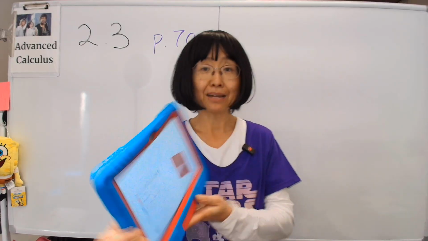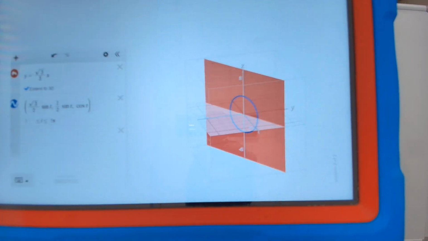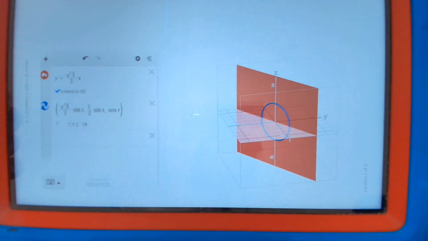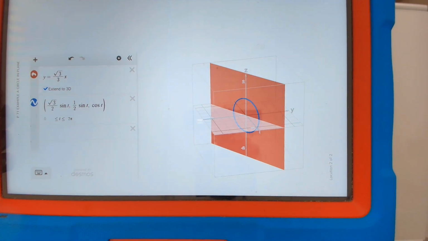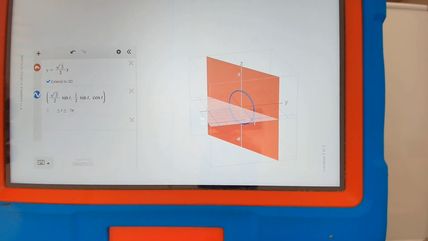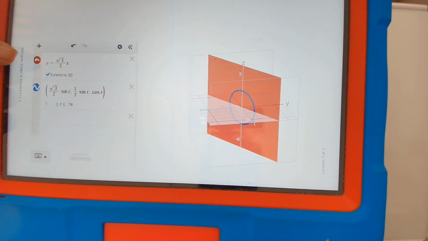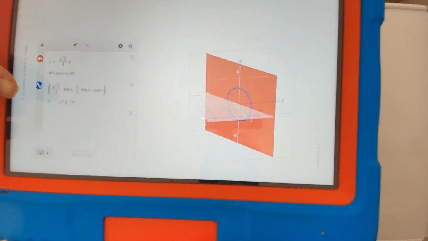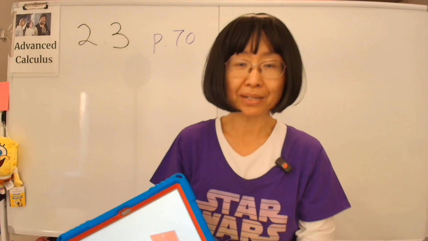Then, of course, I plotted it on the Desmos calculator because nowadays we're way advanced, right? So as you can see, it looks like that. The red thing is the plane, and the blue thing is the circle, which is completely embedded in the plane.